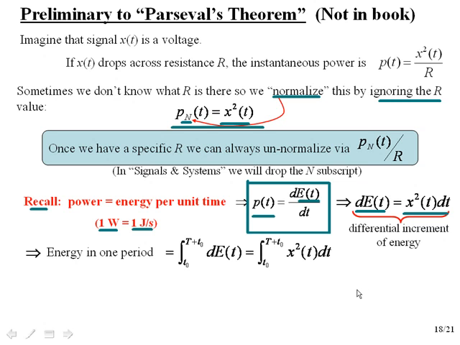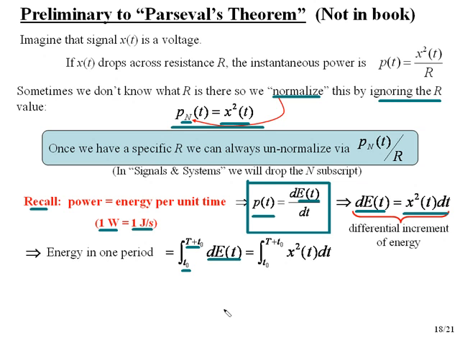Great. We want to know the total energy in one period of some periodic signal. So now we're switching to our focus being periodic signals. The stuff that came above was all general. So over one period, you start at some arbitrary little t0 and you go up to one period past that, and you just integrate the differentials of energy.